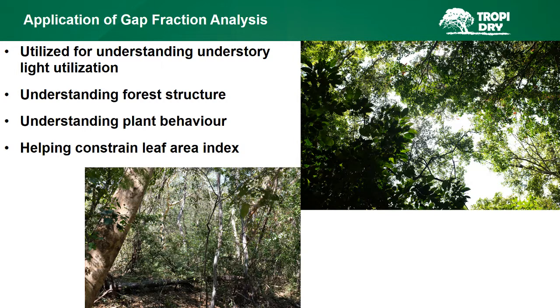And it's also used to help constrain leaf area index as well. So it's a proxy that works together with leaf area index to help constrain it, and this further helps the CO2 models that rely on LAI.